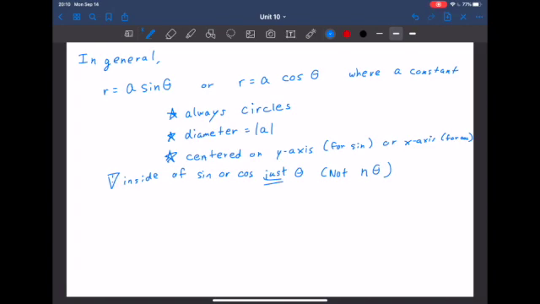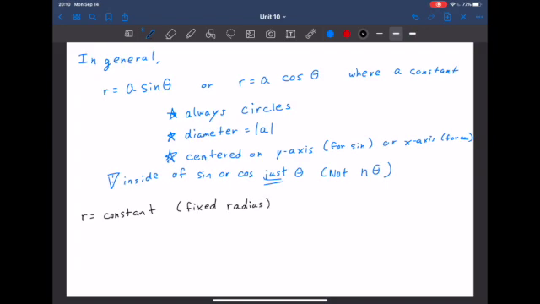While we're on that note, what if we have r equals a constant? This is just like a fixed, what did r stand for?